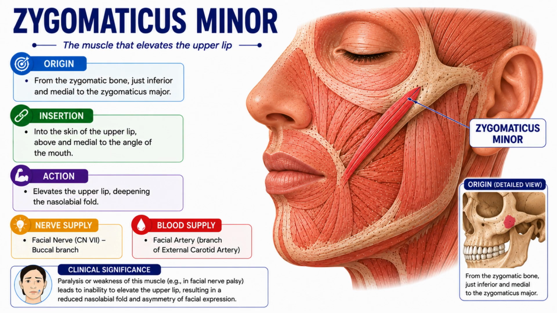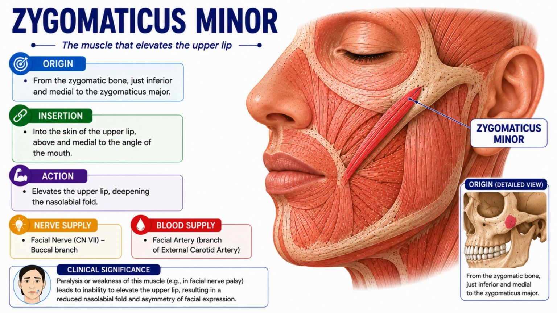Next one is the zygomaticus minor. It is also present in the cheek near the zygomaticus major. It also gets its origin from the zygomatic bone just inferior and medial to the zygomaticus major. See the diagram. It is inserted into the upper lip and the medial angle of the mouth.